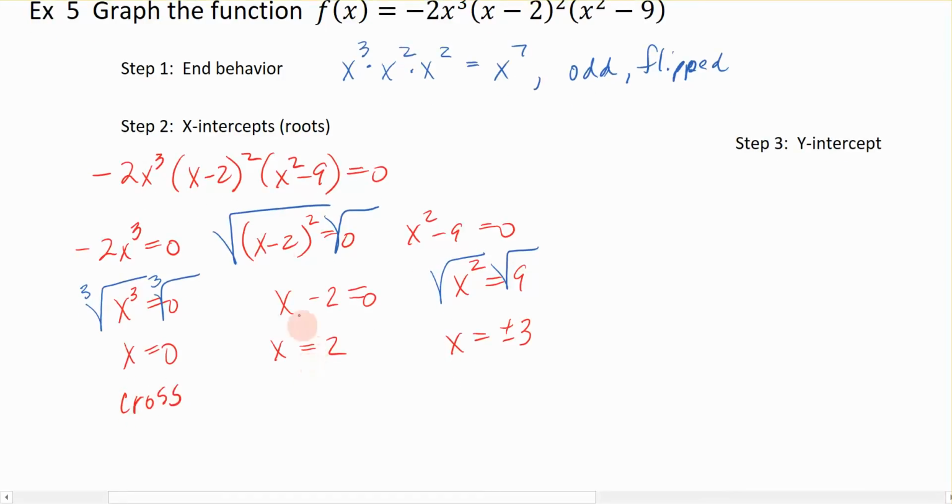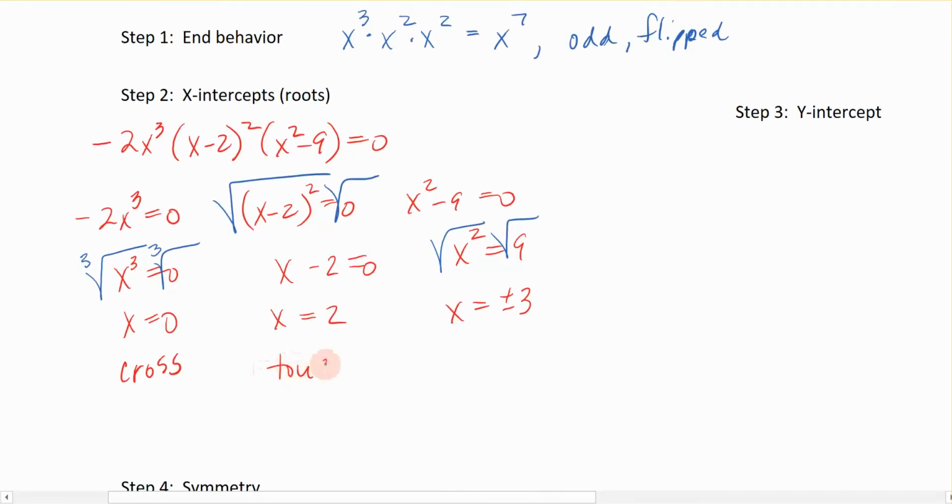For x equals 2, we have an even multiplicity, so we are going to touch. And finally, for x equals plus or minus 3, going back to its factor, the multiplicity is 1, and we are then going to cross. So we're crossing at 0 and plus or minus 3, but we're touching at 2.